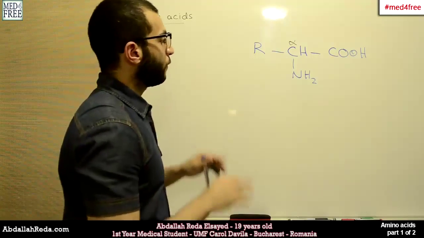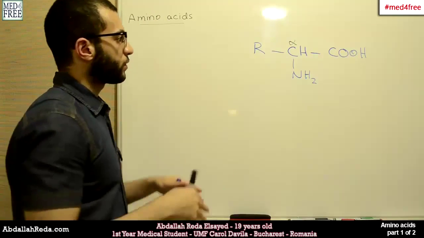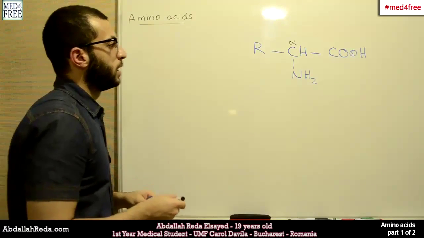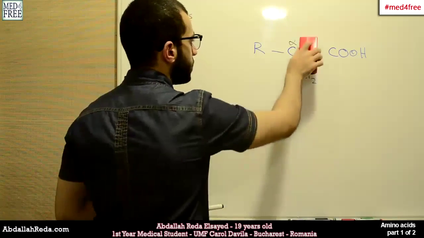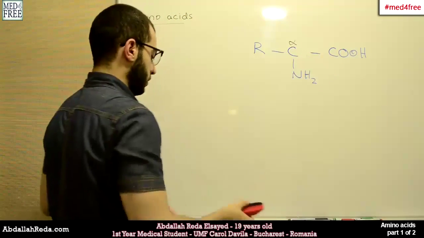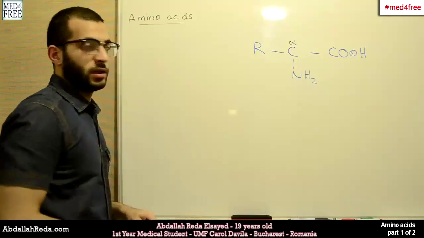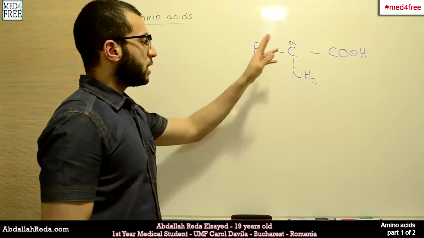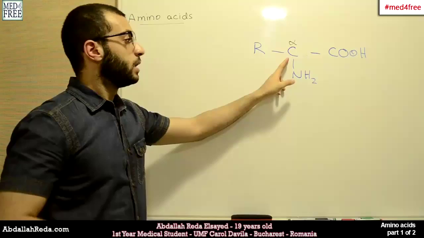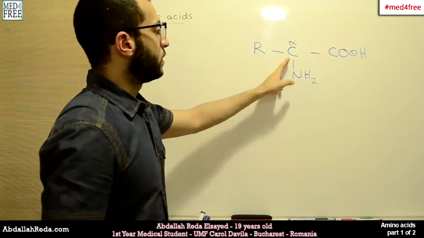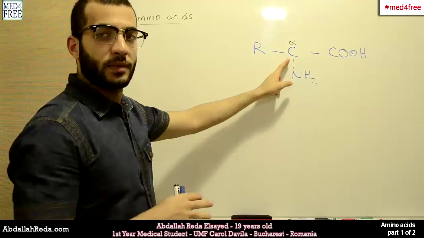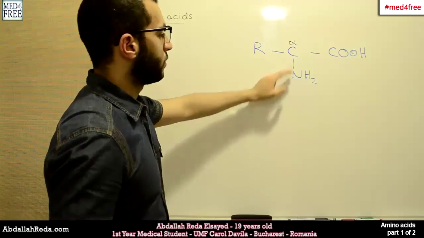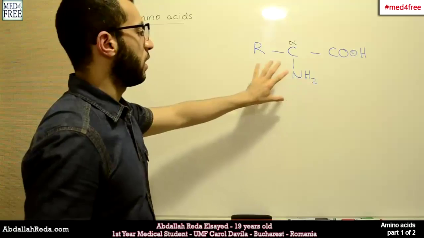The first rule when you're trying to write the structure, because I see people get confused about whether to put an H here or not, or how many H's, H2 or H3: whenever you have a carbon like this, you have to bond it to four other atoms or molecules, because it bonds to just one atom inside the molecule.